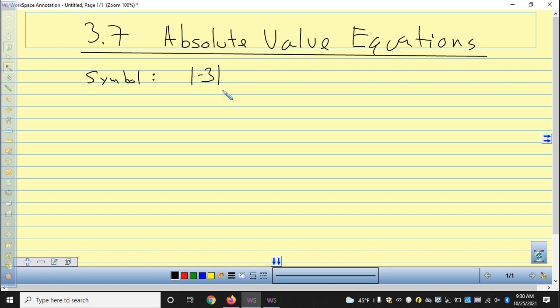The key piece of information about the absolute value is it makes what's inside positive, always. So the absolute value of -3 is 3. It takes whatever's inside those bars and makes it positive.